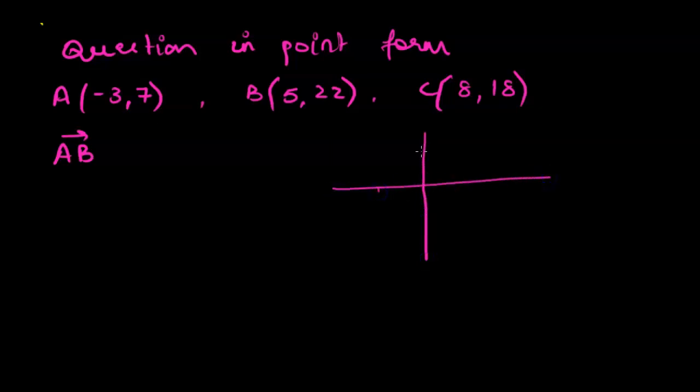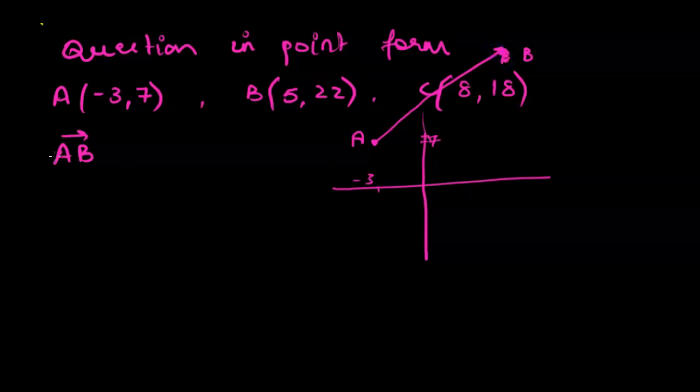Let's say this is negative 3 and this is 7, so this is our point A. Point B is here, at 5 and 22. Vector AB means the start point or tail is at A and the end point or head is at B.